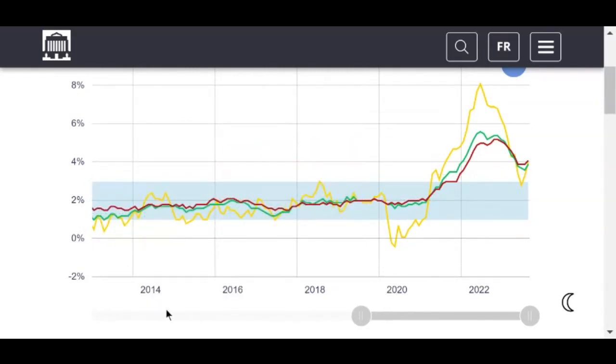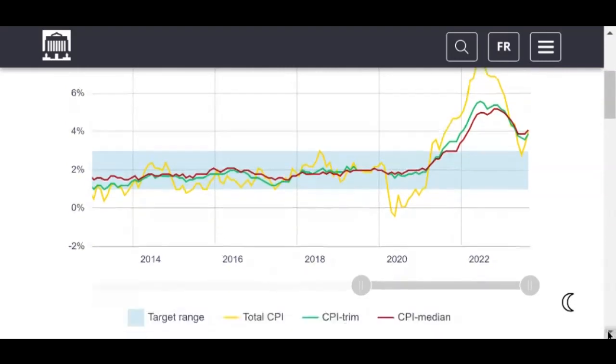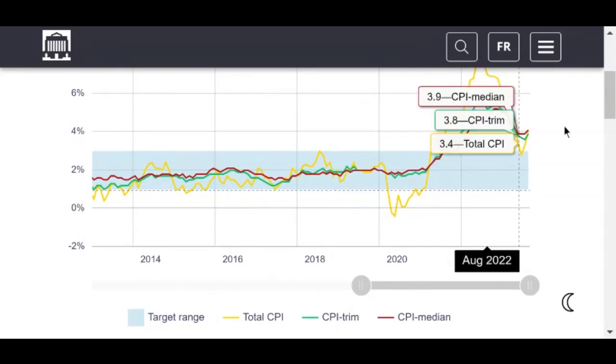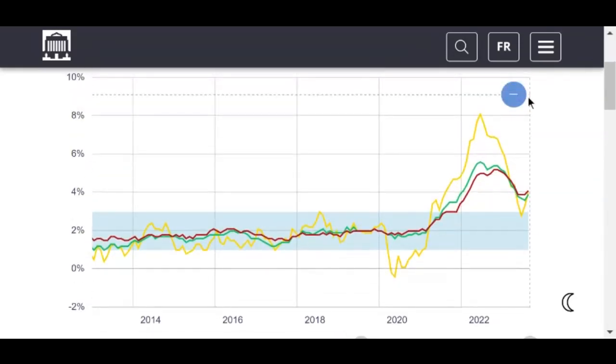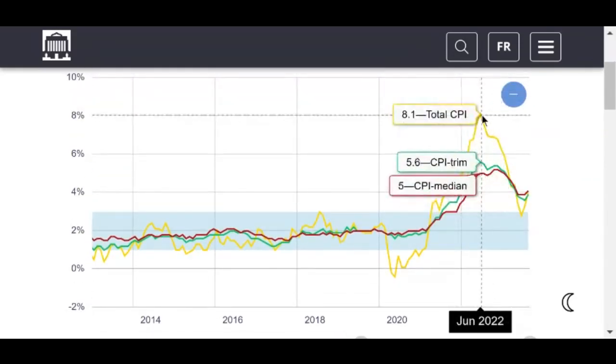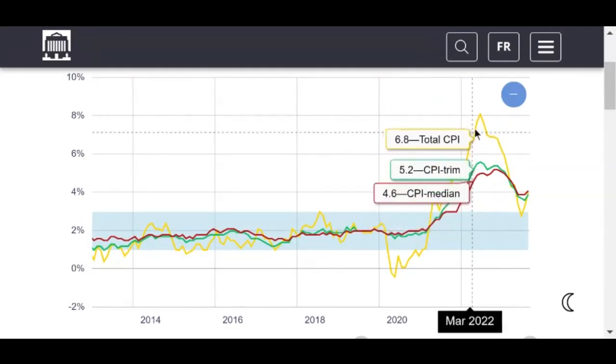Now, this is the consumer price index. This is the target range. Yellow is total CPI. Notice that after 2022, the inflation rate actually hit 8.1%. But when you remove variables with volatile prices, notice that core inflation decreases.